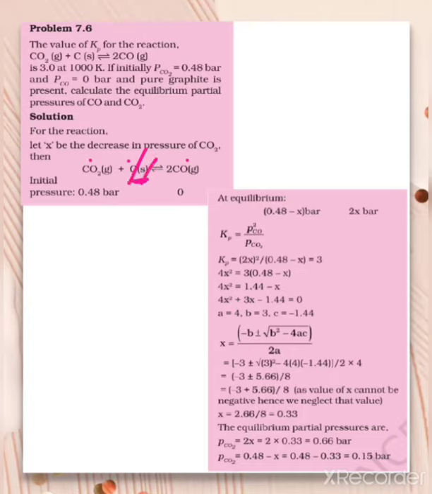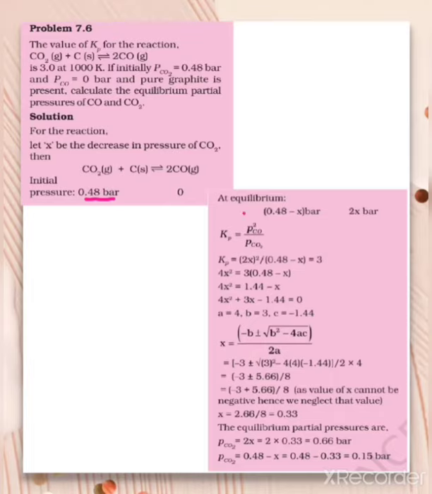Now the initial pressure of carbon dioxide, that is PCO2, is given in the problem, and the initial concentration of CO, that is the product, is given as 0. That means initially there was only reactant, and its partial pressure is given here. So instead of concentration, now we are taking it in terms of pressure.